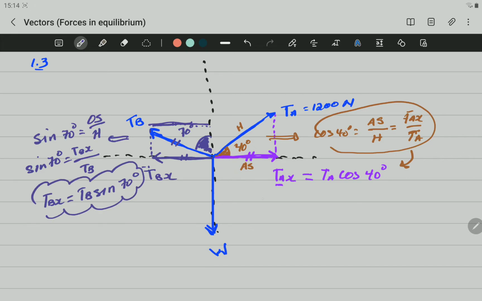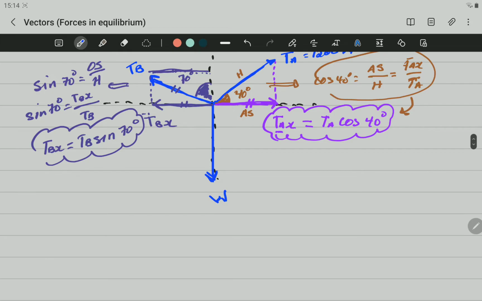So we have here TB in x, and here we have TA in x. Now, what you need to know, and it's very, very important, is that because this object is at equilibrium, everything on the left hand side must be equal to everything on the right hand side. So in actual fact, we know now that TB in x must be equal to TA in x.